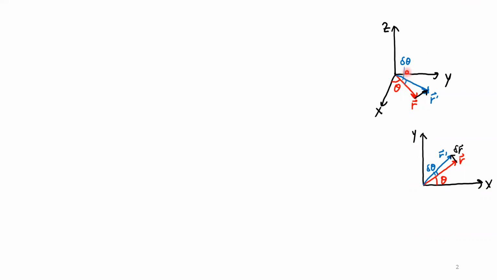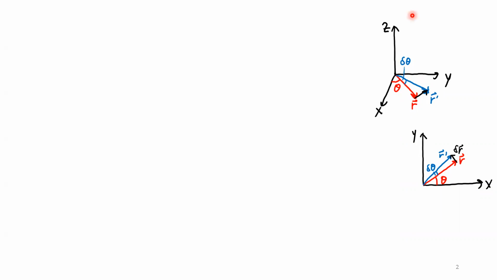But now I'm actually rotating this red vector in real time. It takes some time for this red vector to get to this blue vector. Within some small time interval delta t, the rotation is given by this delta theta.